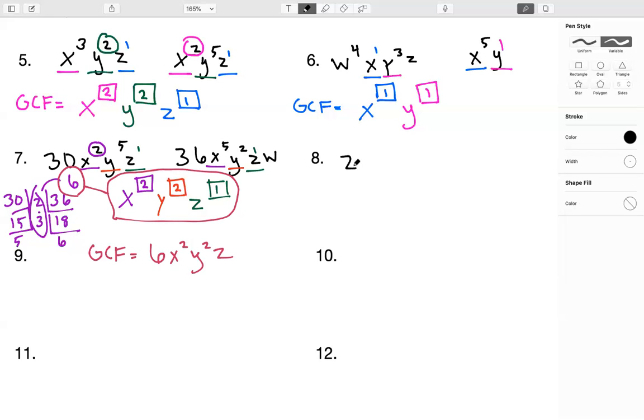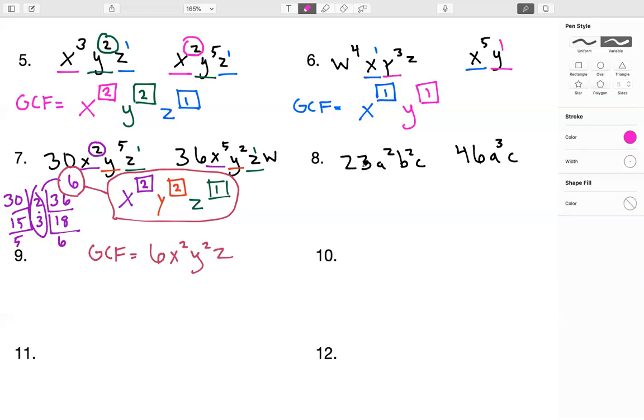This one I want you to try on your own. 23a squared b squared c and 46a cubed c. Find the GCF of these two terms, just like I did over here.